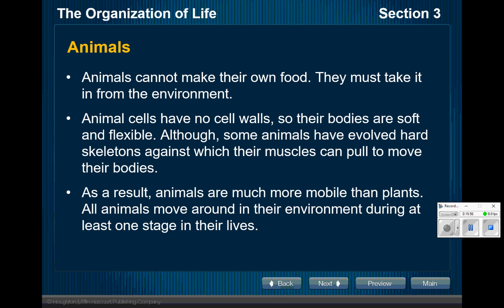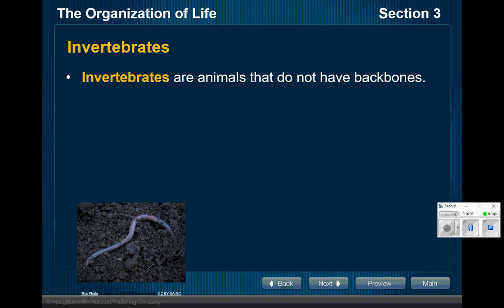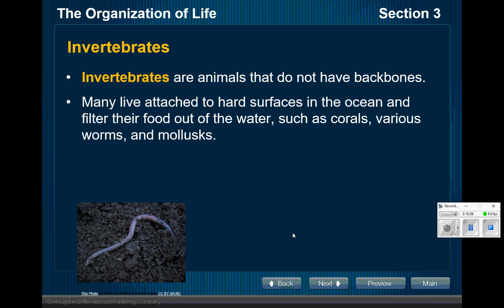All animals move around in their environment during at least one stage in their lives, such as these invertebrates, which are animals that don't have a backbone. So, no backbone there in that earthworm. Many like to attach to hard surfaces, such as rocks, and filter their food out of the water, such as in corals and various worms and mollusks.